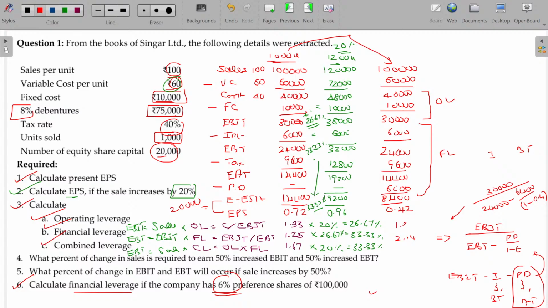Okay. What about the combined leverage? Very simple. Contribution divided by EBIT minus preference dividend before 1 minus t. That's all. Otherwise, you have to multiply these two to get this value. Come on, what's the value? 2.85. 2.85.